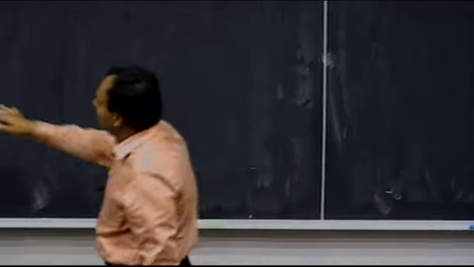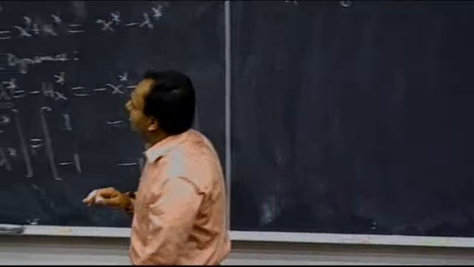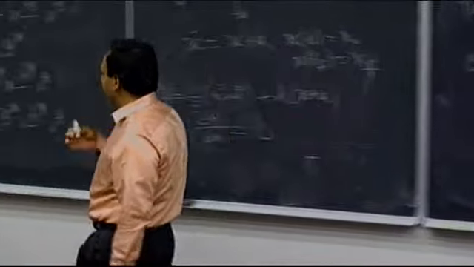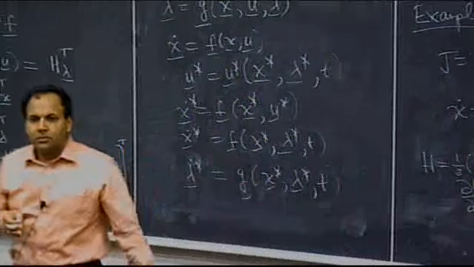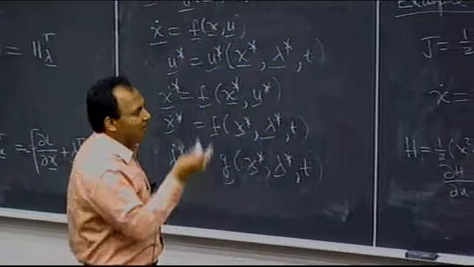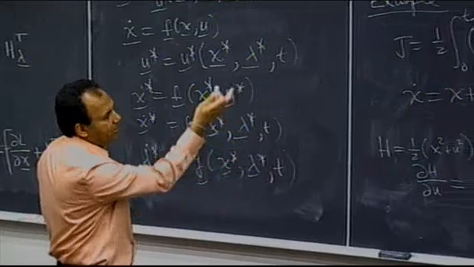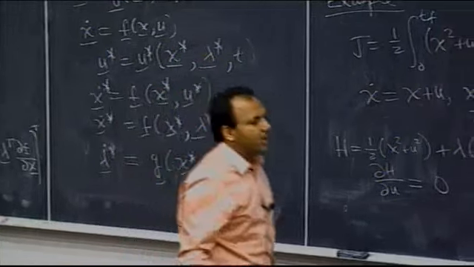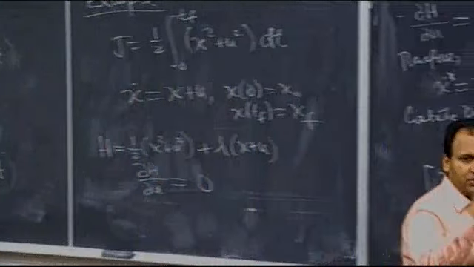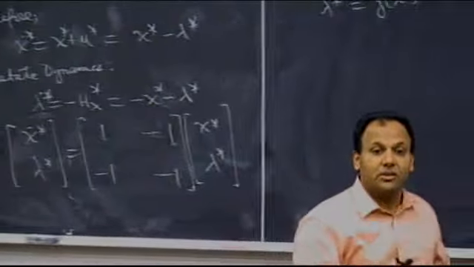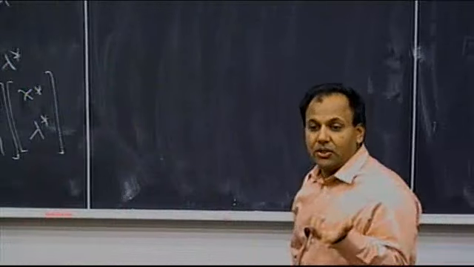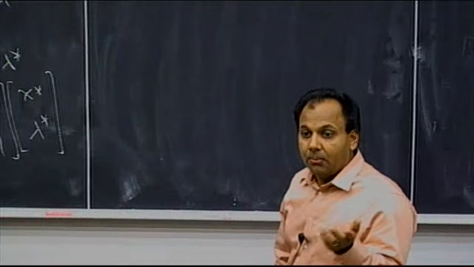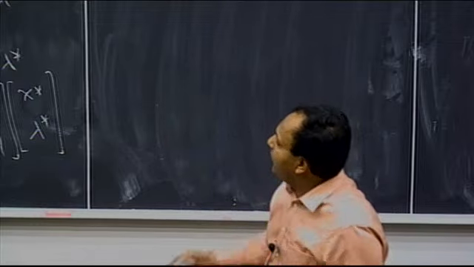All right? So these are the differential equations. What else can I do here? I've applied the optimal control condition, I've applied the minimum principle, I've figured out the costate dynamics. What else do I need to know? Boundary conditions, right? So the boundary conditions are on the costate. But what do I know? What did I give you in this particular case?